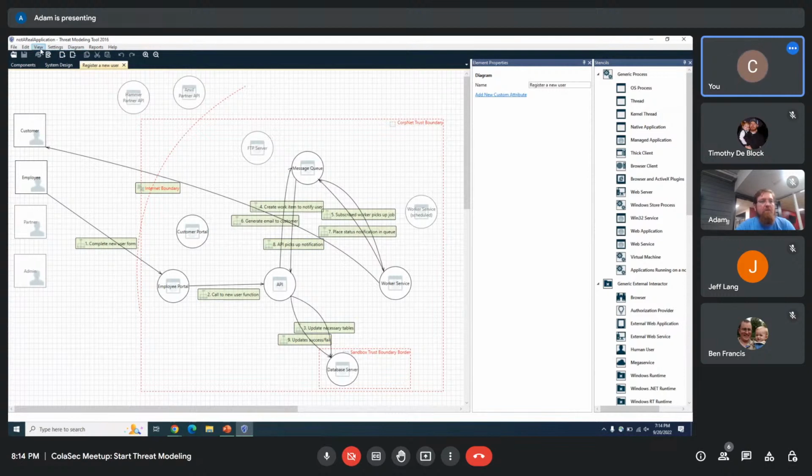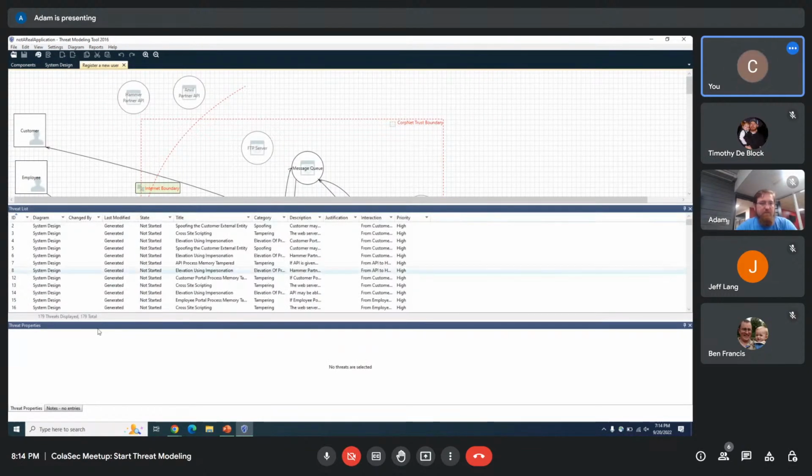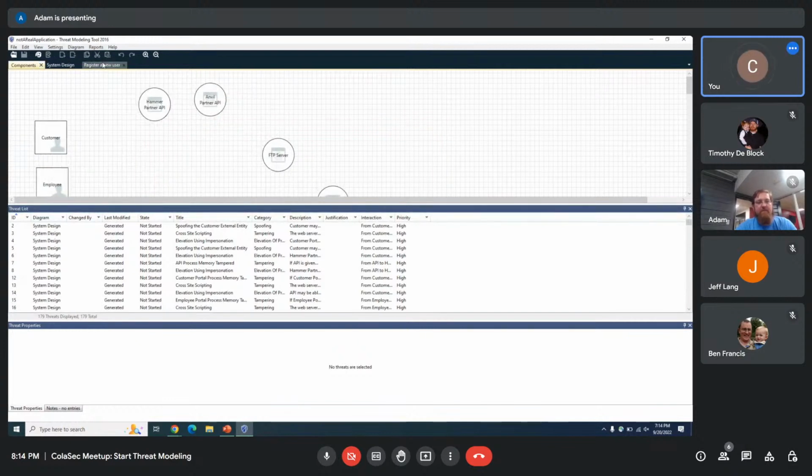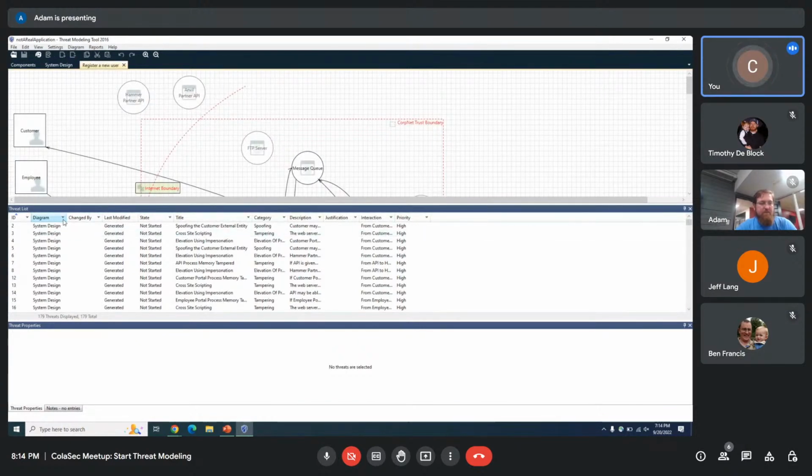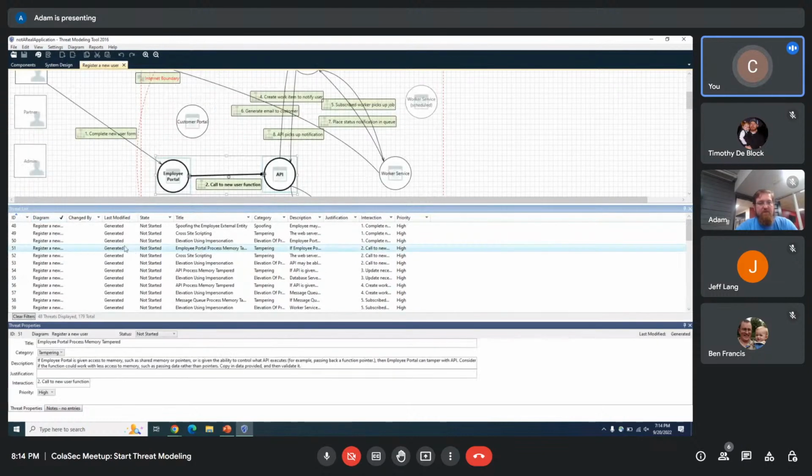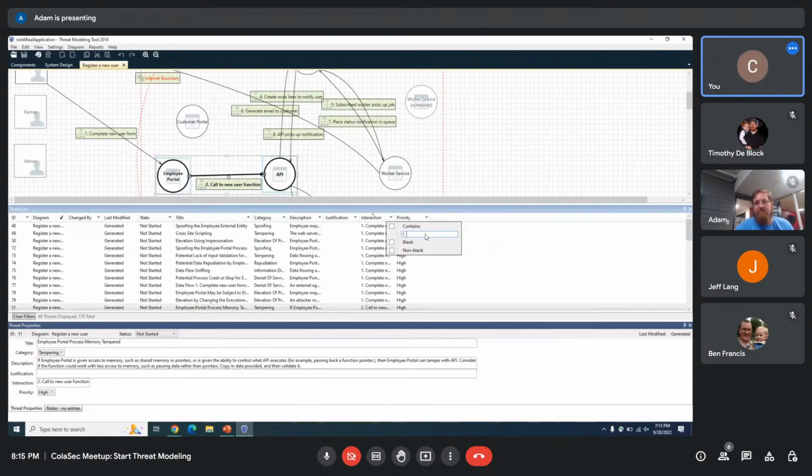So this is the threat modeling tool. We're going to switch to analysis view. And so it builds for each of the diagrams you've created a different list of threats. So we're going to focus on this new user process, and then I'm going to filter this to this first interaction here.